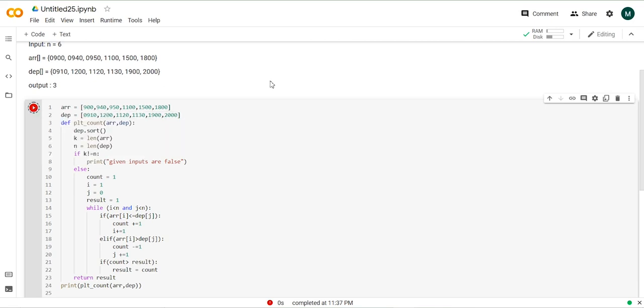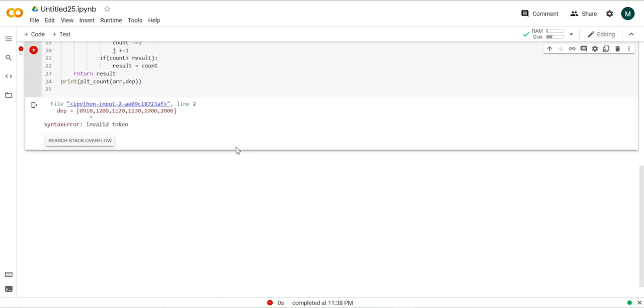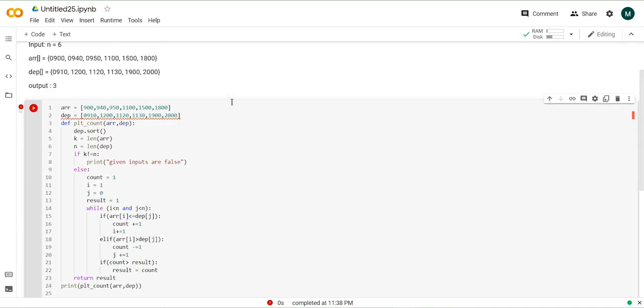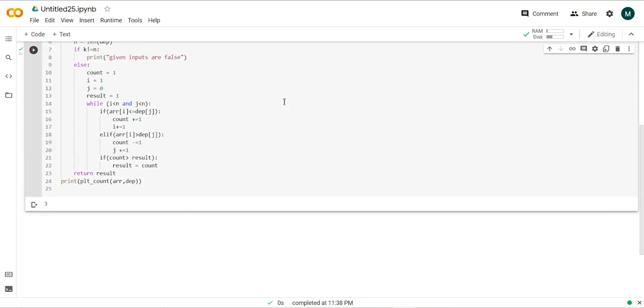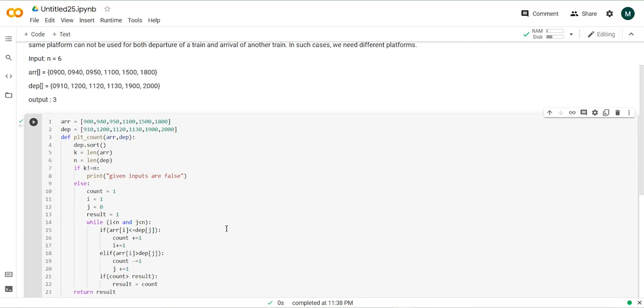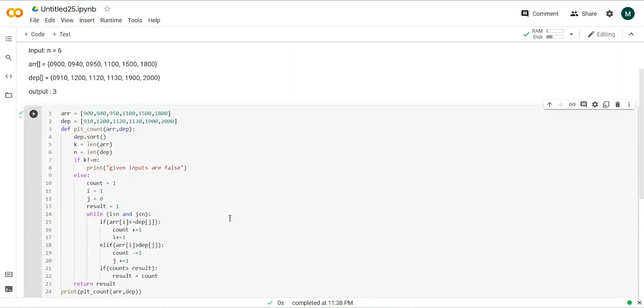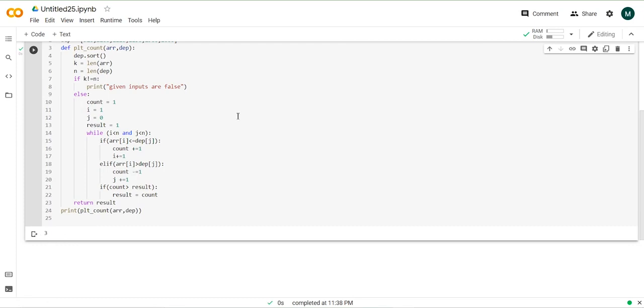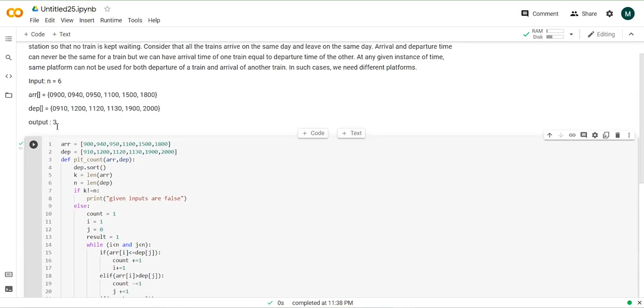Let's try again. Invalid token. I guess we should remove the zeros. Never mind, let's try again. Okay, we got the 3, right? This is the beauty of programming. A small space and a small zero can change your life. Our output is 3, and the expected output is also 3.